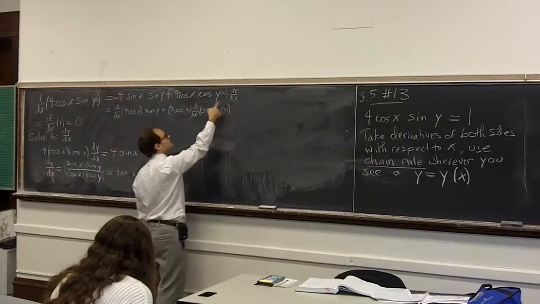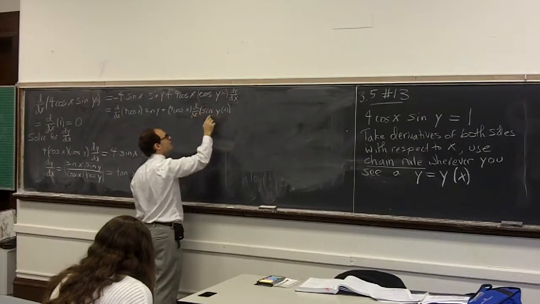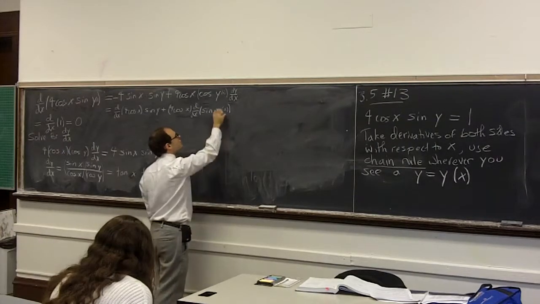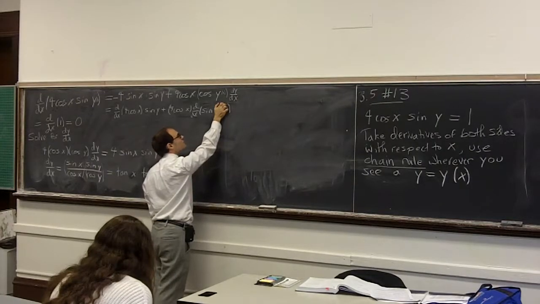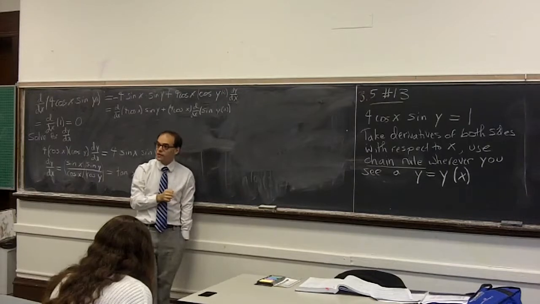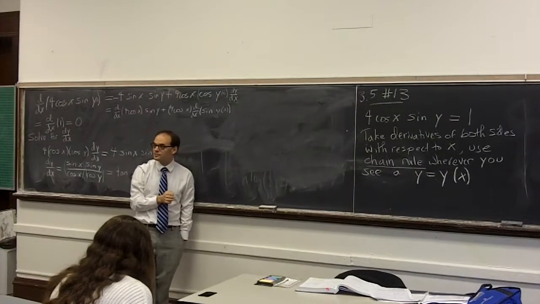The derivative of this, however, is not just cosine of y, because y depends on x. Think of it as sine of something. What's the derivative of sine of something? It's cosine of that same something times the derivative of the something. And that's where the chain rule comes in. You see that? Other questions?